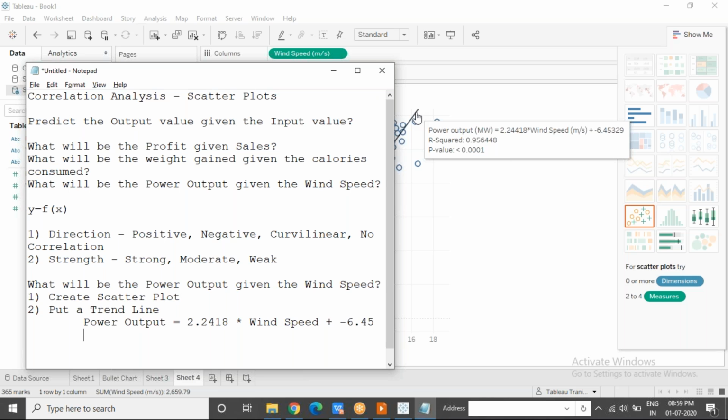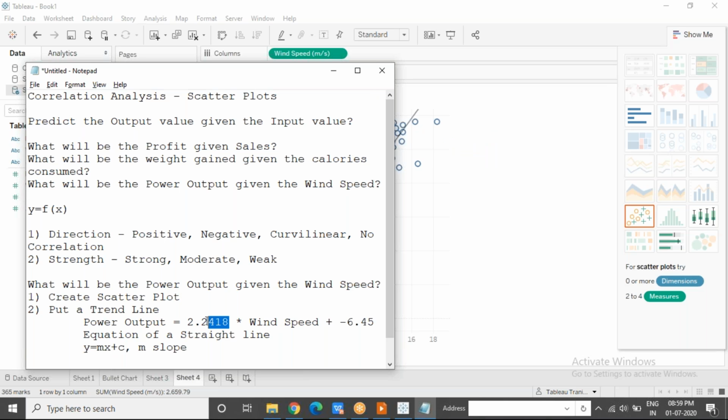This is the equation of a straight line. What is the equation of a straight line from our school days? Y is equal to mx plus c. M is the slope of the line, the inclination of the line, and if m is positive, the direction is positive.